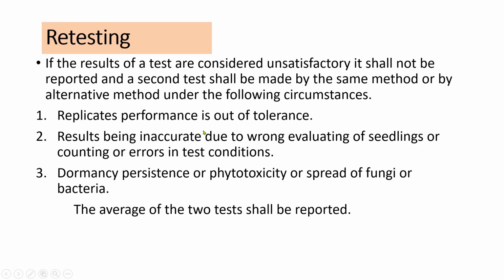That means when you do a germination test in 4 replicates of 100, like the one we discussed in the principles of seed germination, 100 seeds in 4, which makes 400.